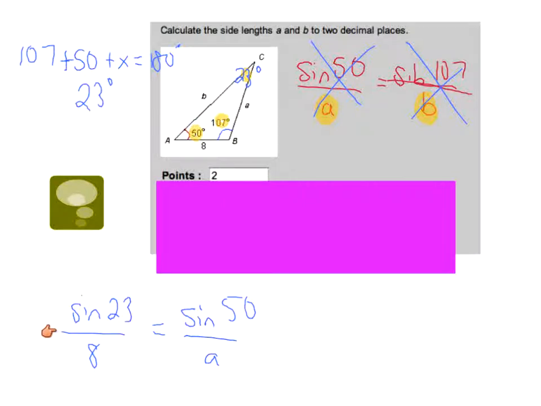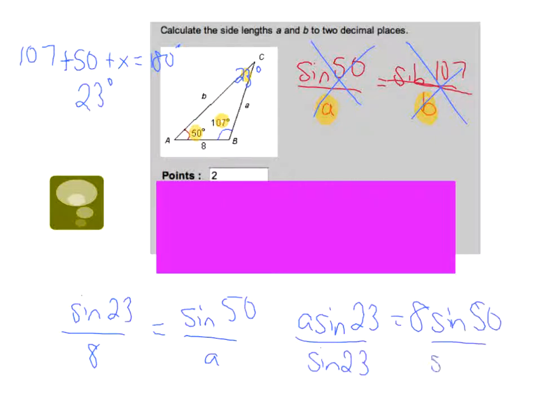Okay, you try and tell me what length you get here for A. This time it's a length. So just plug that in your calculator and let's see what we get.